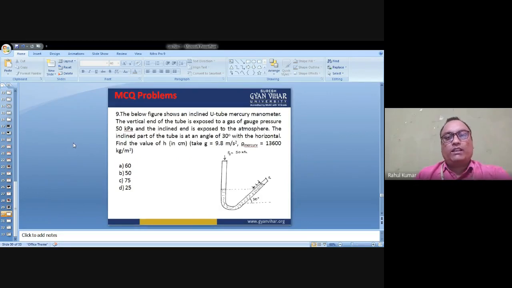Then question number 9. The figure shows an inclined U-tube mercury manometer, where the atmospheric pressure is Pa, the gauge pressure Pg is 50 kilopascal, H is the height to find, and the angle is 30 degree. How much is this height H?